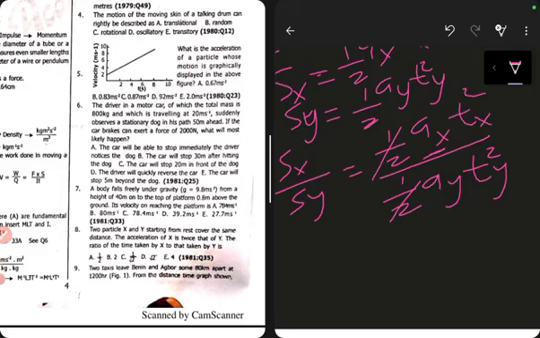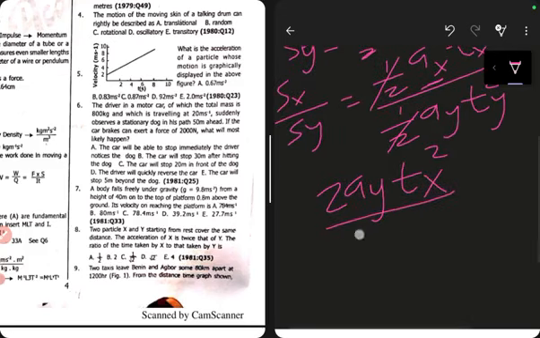So it becomes twice the acceleration of Y times time of X all squared, divided by acceleration of Y times time of Y all squared. So acceleration of Y cancels acceleration of Y.